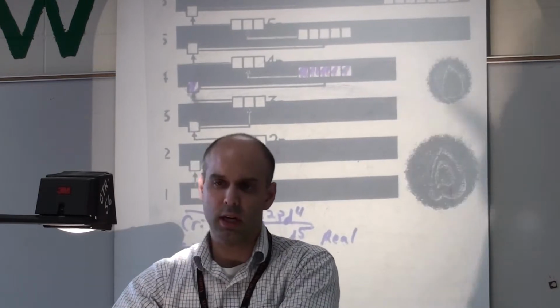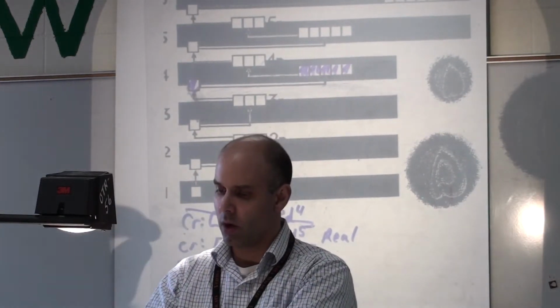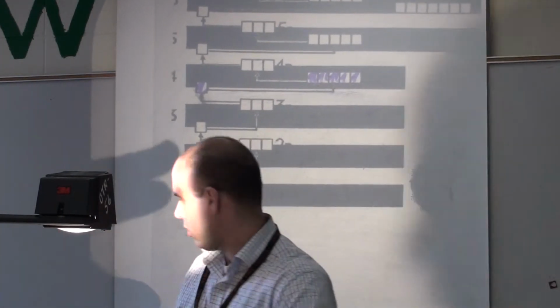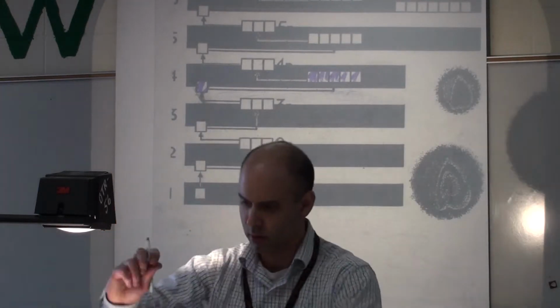Until you get to 3d9, the copper family. When you get to 3d9, the same thing is going to happen as we did with the chromium family. We'd expect copper to be argon 4s2 3d9.